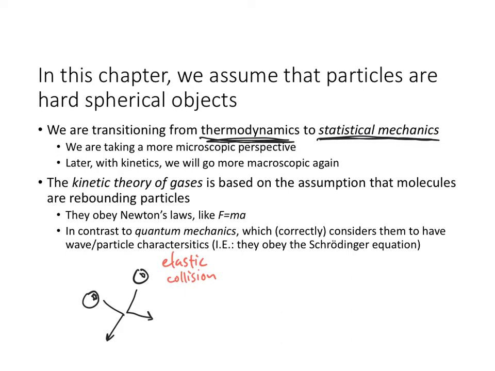We'll also assume that they obey Newton's laws, like force equals mass times acceleration. Of course, in reality, the quantum mechanical model is going to more correctly describe what's happening with these particles, but it can be very useful and much easier to deal with Newton's laws and not the Schrödinger equation.